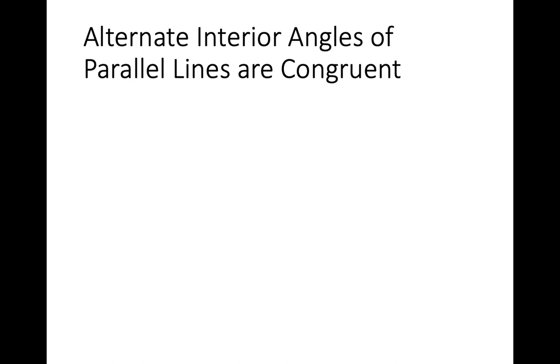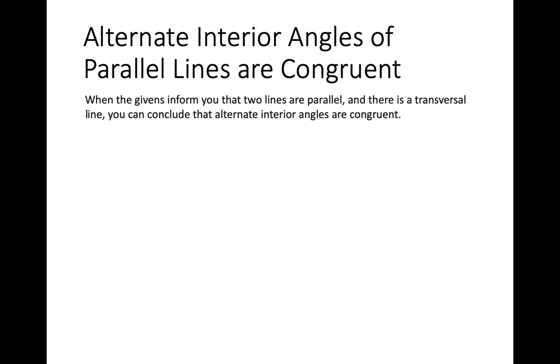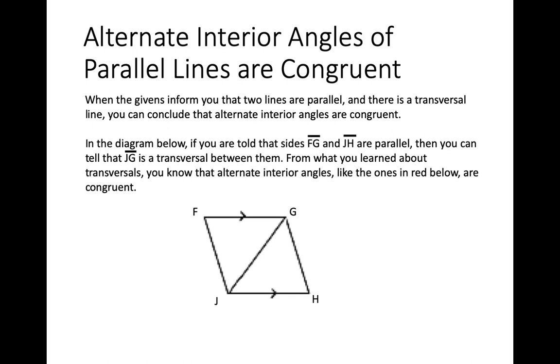The next one is that alternate interior angles of parallel lines are congruent. When the givens inform you that 2 lines are parallel and there is a transversal line, you can conclude that alternate interior angles are congruent. In the diagram below, for example, if you are told that the sides FG and JH are parallel, then you can tell that JG is a transversal between them.